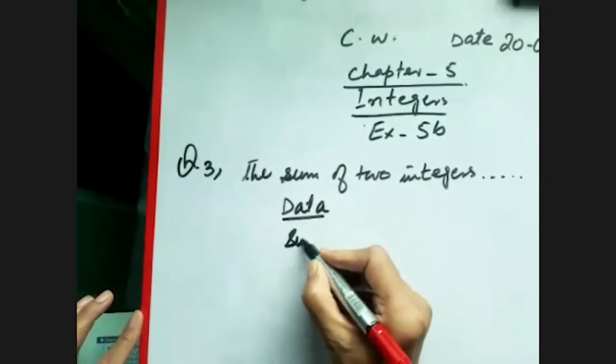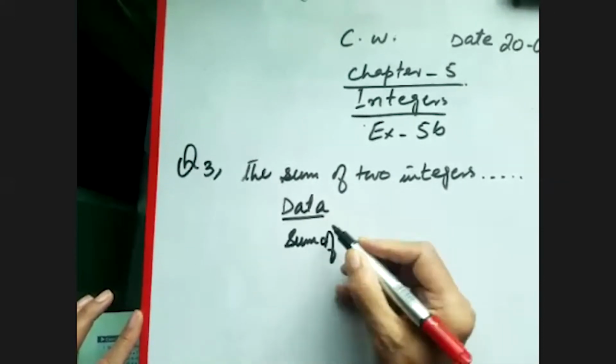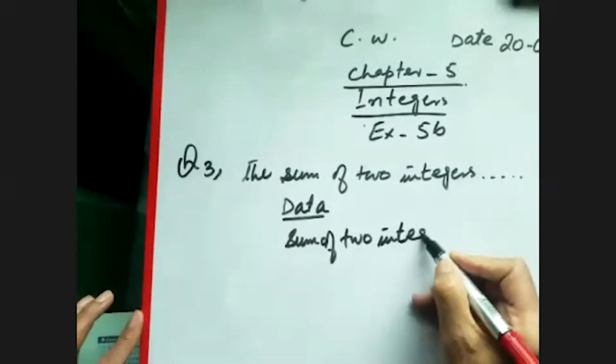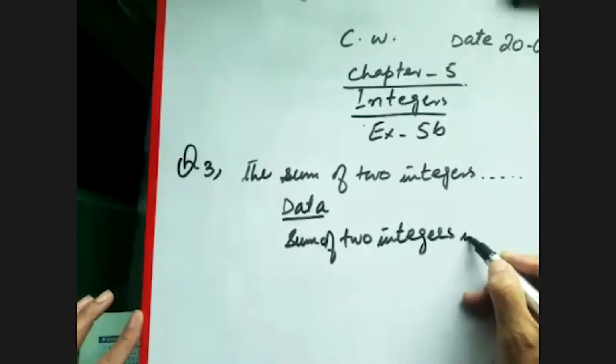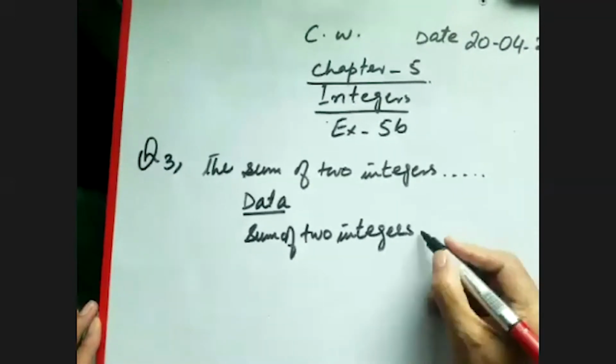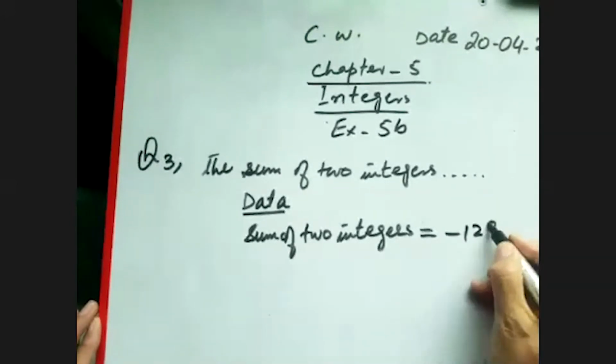Sum of two integers is equal to minus 129.